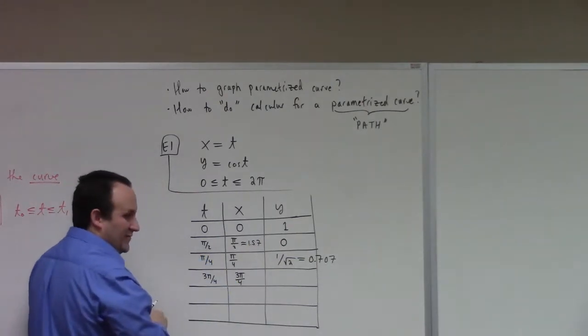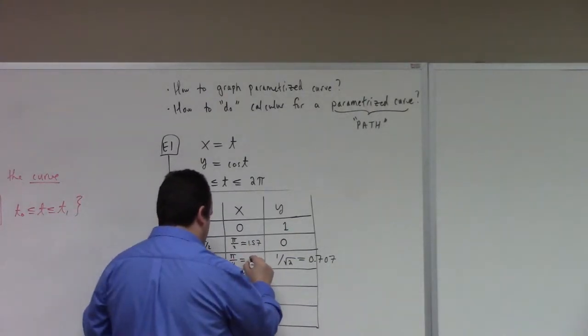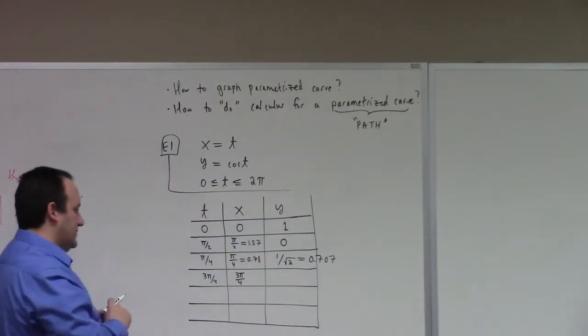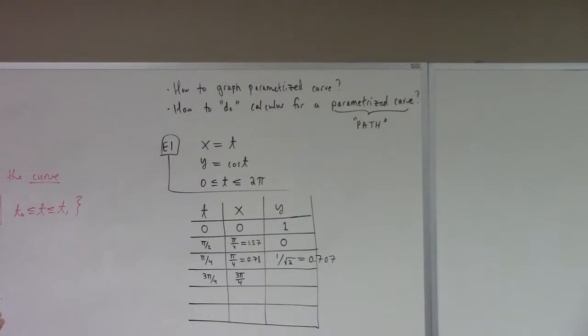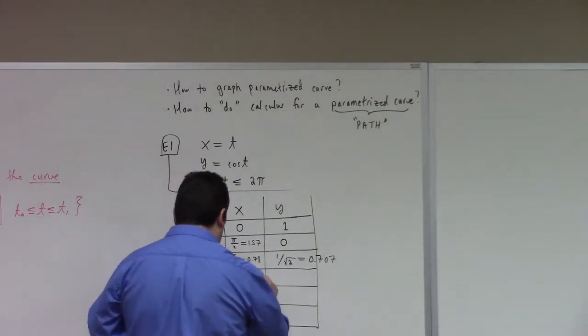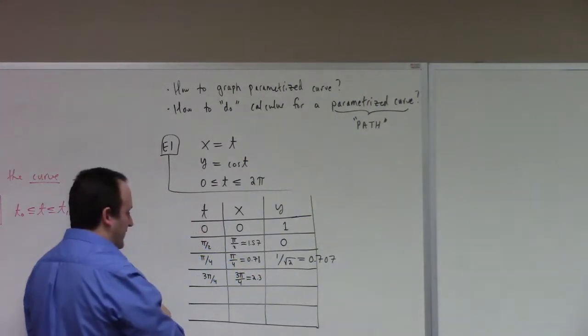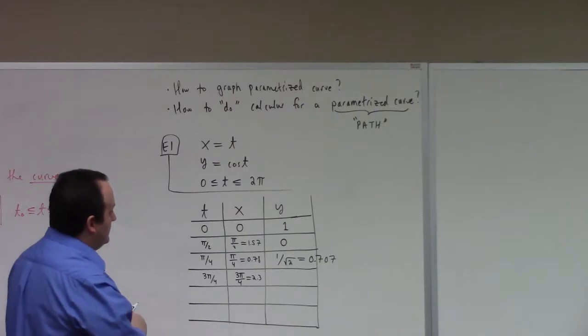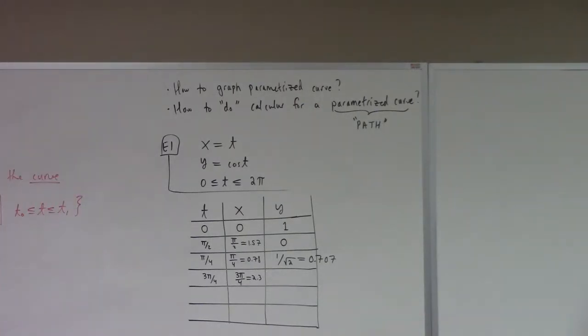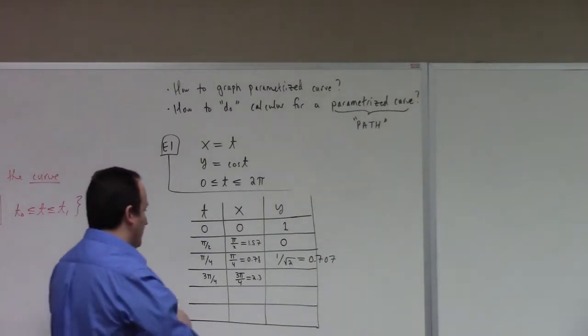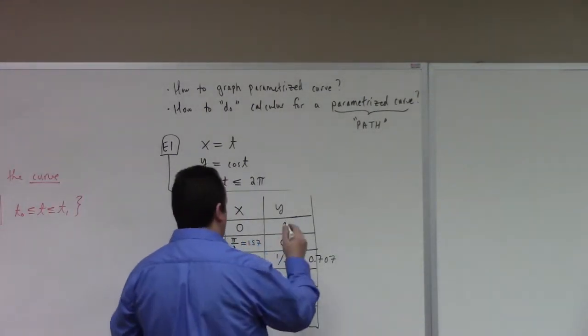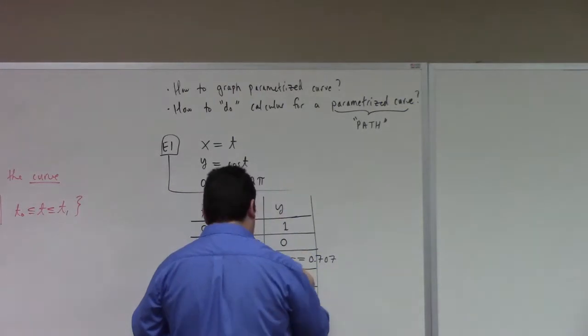Pi over 4 is about what? 0.78-ish, something like that. 3 pi over 4, what's that? It's about 9 divided by 4, about 2.3-ish, roughly, very roughly. What's the cosine of 3 pi over 4? Is that right? Yeah, that's right.